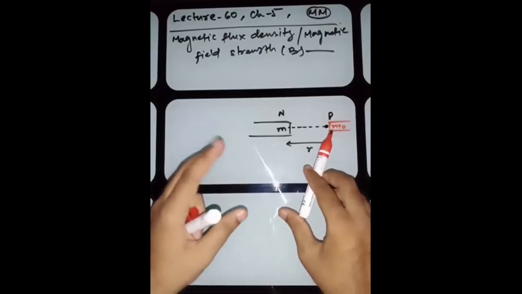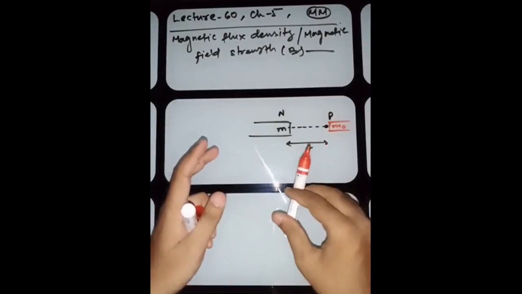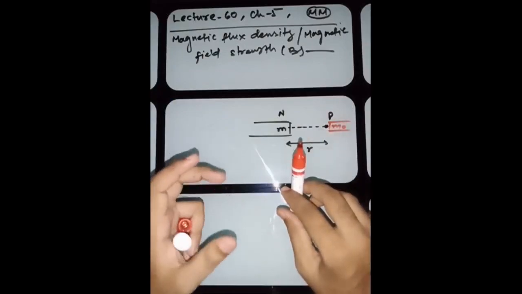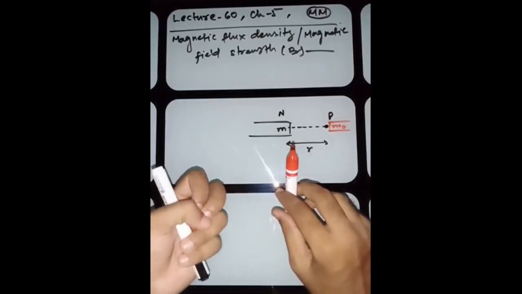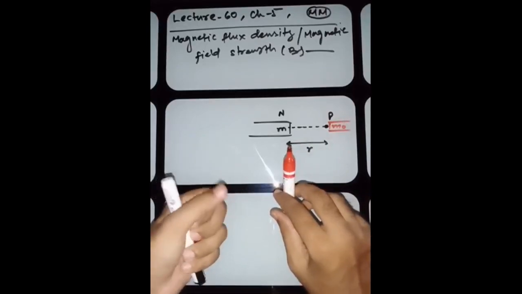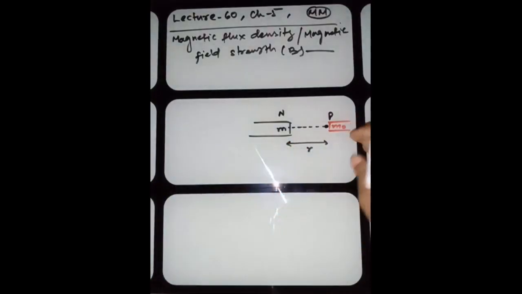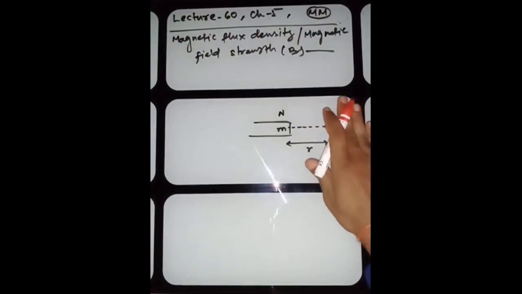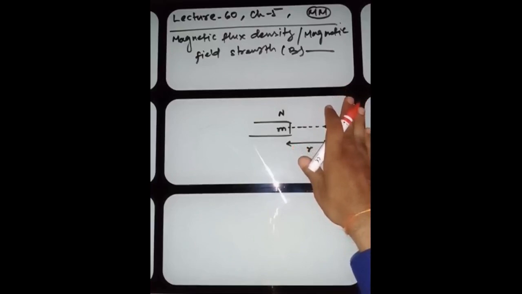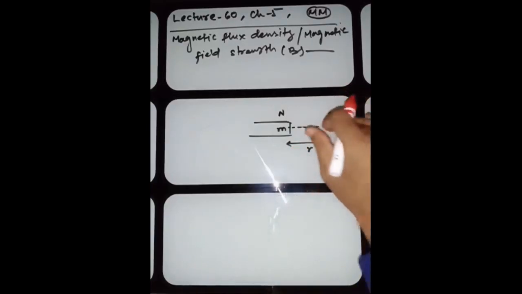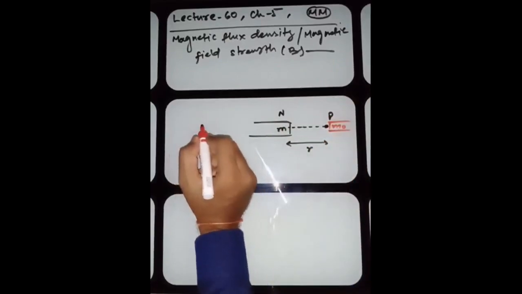As we have discussed about the test charge, try to remember the magnitude of the test charge was very small, so that it can experience the force by the other magnetic material. Okay, my dear student, so this is the test pole.